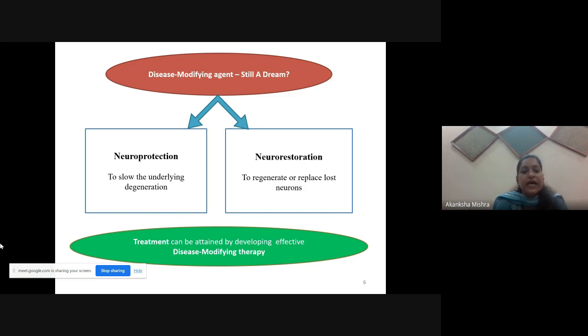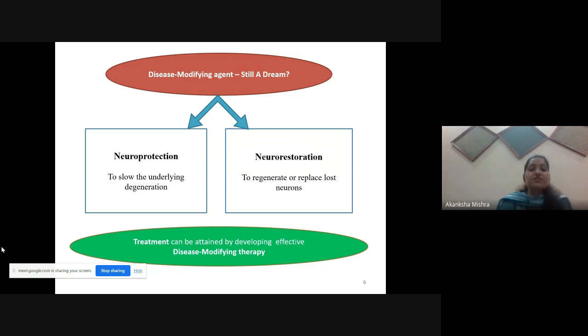Protection means slowing down the underlying degeneration of neurons. Restoration, after the degeneration is slowed down, means the task is to regenerate these neurons, which is actually impossible till now. So disease modification, as a future prospect for Parkinson's disease, is still a dream.